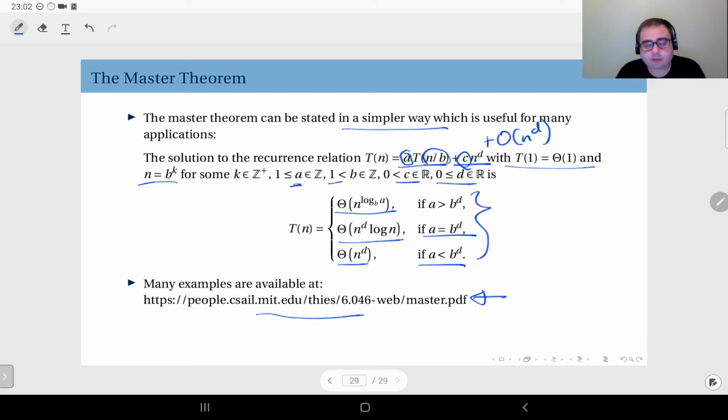You can take a look at this. There are a number of examples for all of the cases here, and some examples where the master theorem is not applicable. So you can see in which cases you cannot use the master theorem also. I recommend you also have a look at this document.